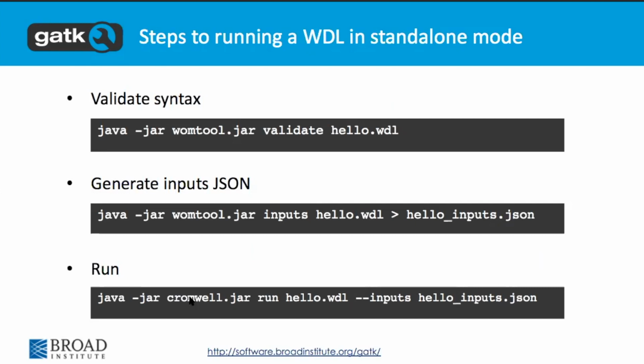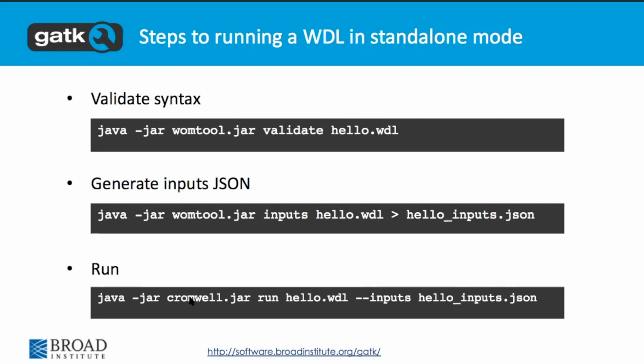There's another option, WOM tool. So WOM tool comes with a bunch of different commands. These are just 2 of them, which are really useful. And so this inputs command gives you a template JSON file. So if you have big WDLs, for example, for running HaplotypeCaller with like 20 inputs, you don't want to just write your JSON file from scratch.